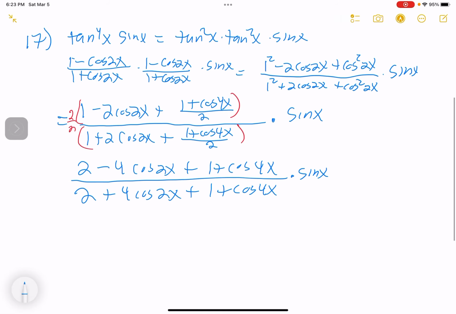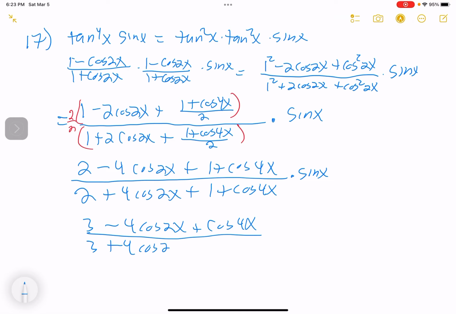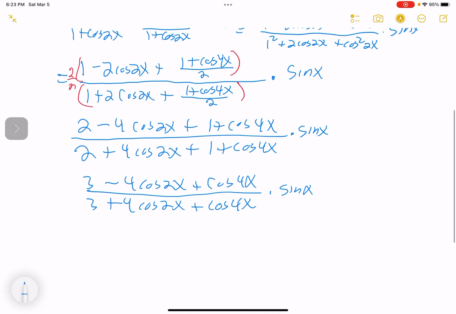This cleans up just a little bit. The 2 and the 1 add up to make a 3. Minus 4 cosine 2x plus cosine 4x over 3 plus 4 cosine 2x plus cosine 4x, times that sine x. And now we'll just distribute the sine x through the numerator.